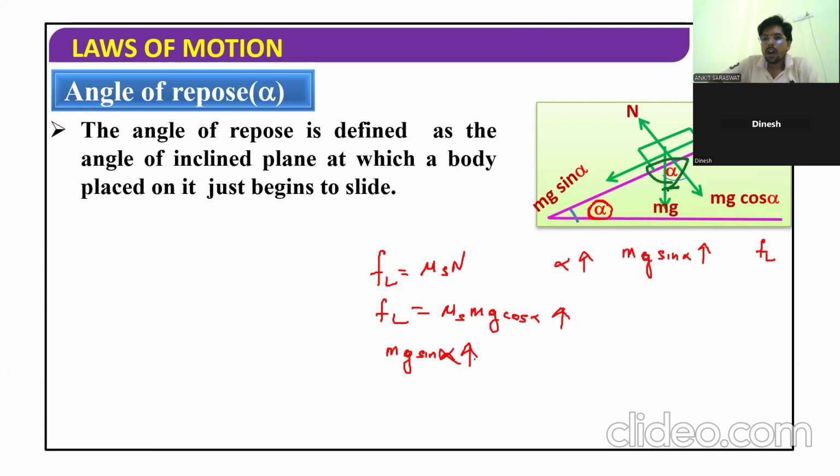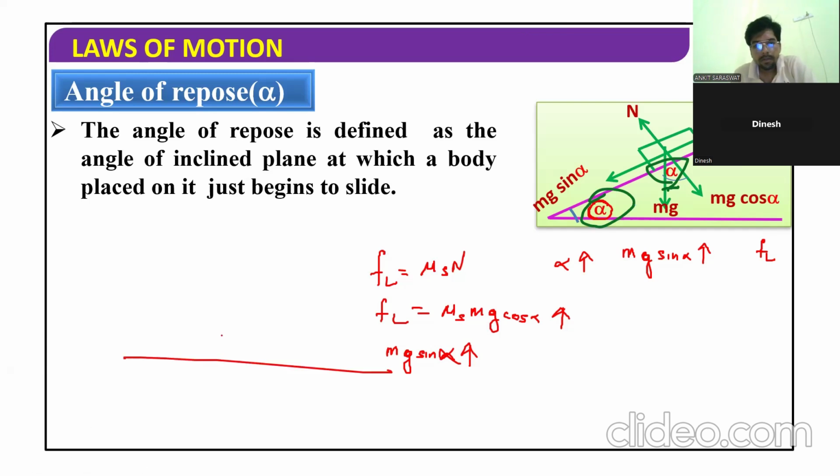This is not R. R is different. R is the resultant of limiting friction and normal reaction. This is different. Then this alpha and this alpha are the same. How are they both the same?